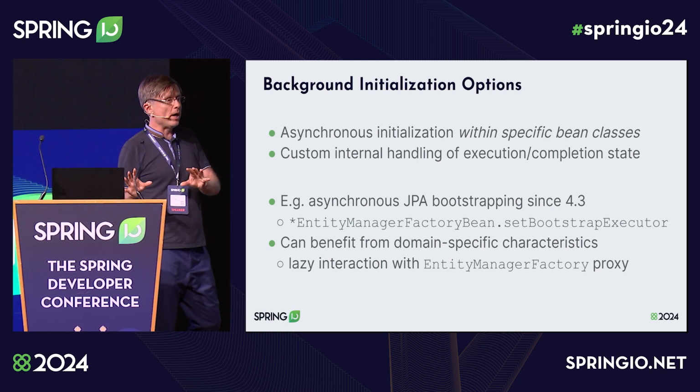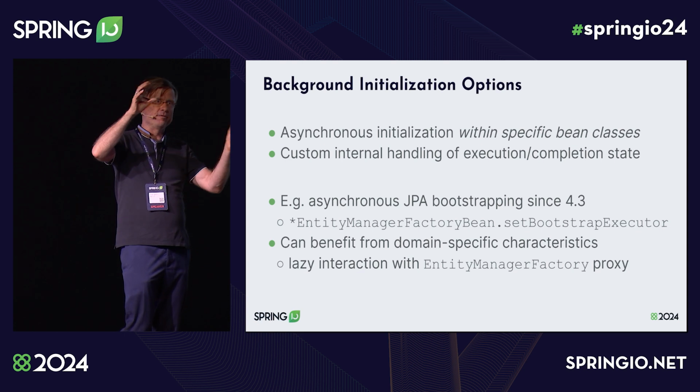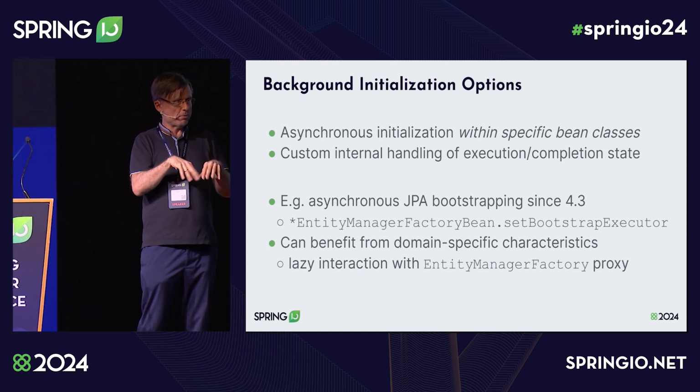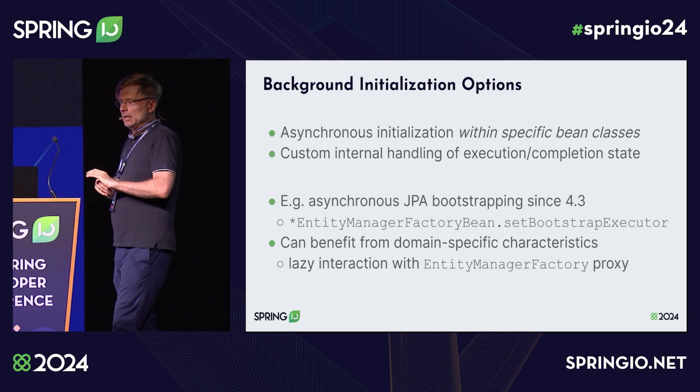This did not require any specific support in the core container. If you think about it from a framework perspective, the core container itself just has its main bootstrap thread and does whatever it does on startup, what it always did.